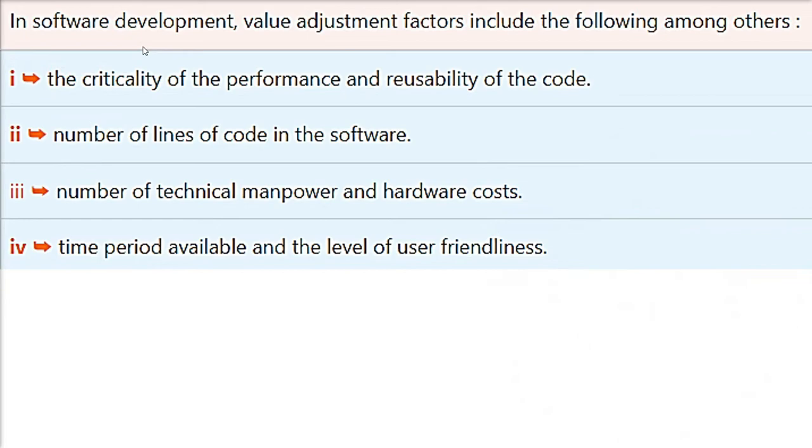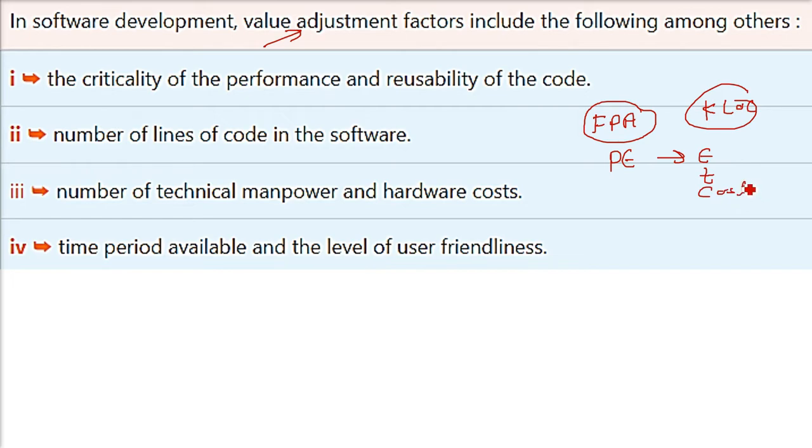In software development, value adjustment factor includes the following among others. In order to understand this, first you have to understand what is value adjustment factor. This value adjustment factor comes under the function point analysis, FPA. You might have been doing this KLOC stuff, kilo line of code. In FPA, we actually use it for the project estimation, the effort, the time, that is the duration, and the cost.